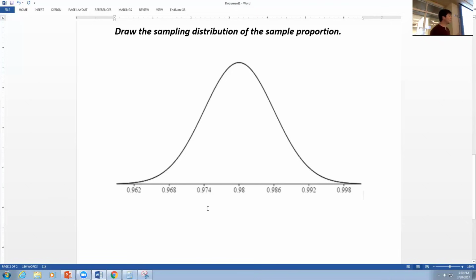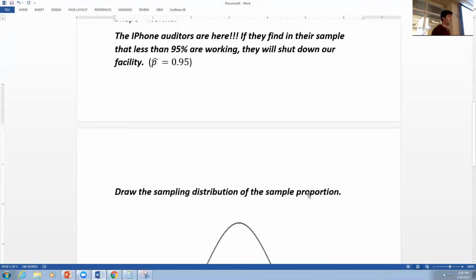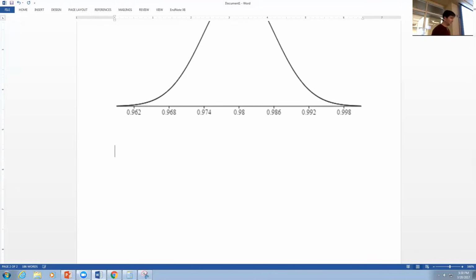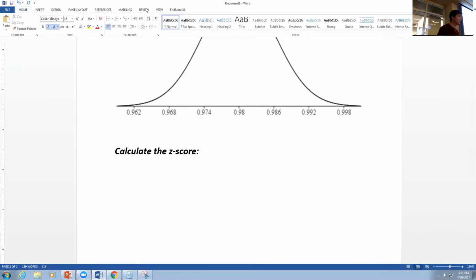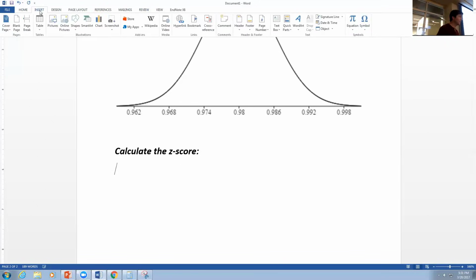Now, this is not exact because I rounded it. So how do we figure out the exact? Well, let's go ahead and calculate the z-score. The z-score for this is going to be the formula. Nice. Thank you, onliners, for typing it out. Good job. Good practice. Good recall. Do you have it?